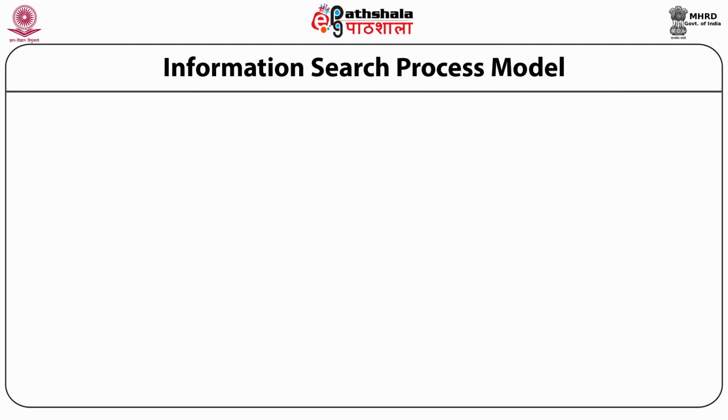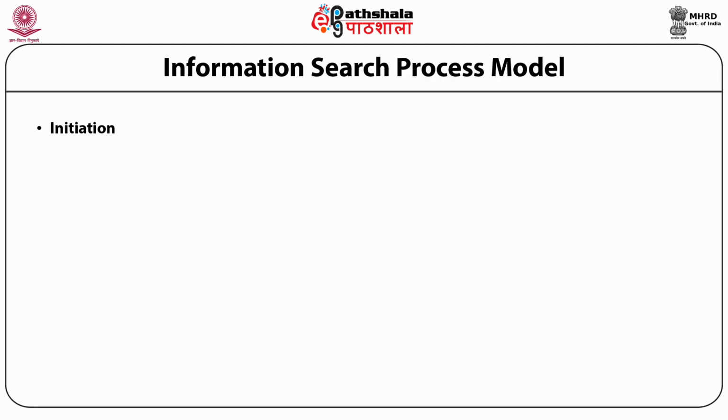The first stage is task initiation. This is the initial stage of the search process. In this stage, the user correlates the present with past experience of the search process and formulates different approaches to find information. This stage is the stage of uncertainty and confusion.